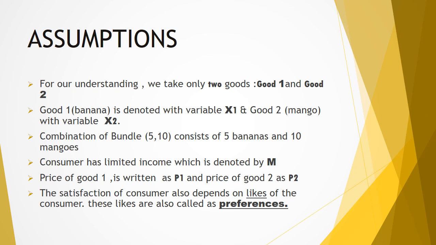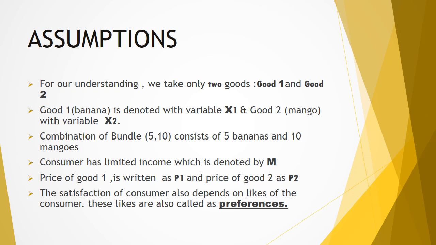We call them good 1 and good 2. Let us take for example banana as good 1 and mango as good 2. Good 1 is always denoted with a variable x1 and good 2 is denoted with variable x2.